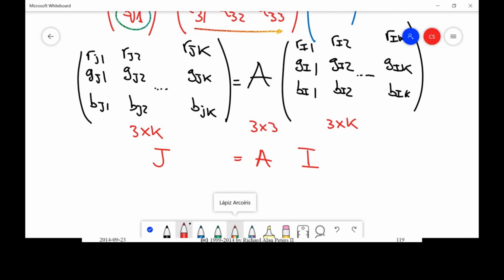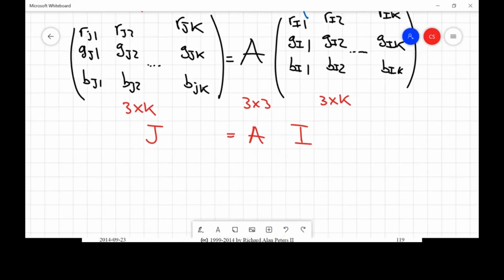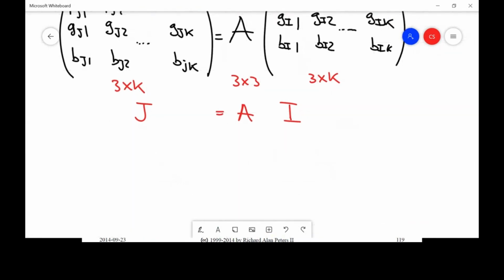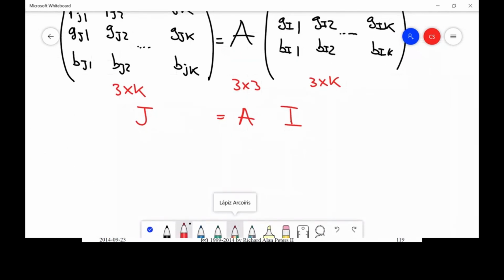So when you take an eye color, this is a vector, you multiply by A, and this is not exactly Rj. There is a difference between the two, and you want these differences to be as small as possible.